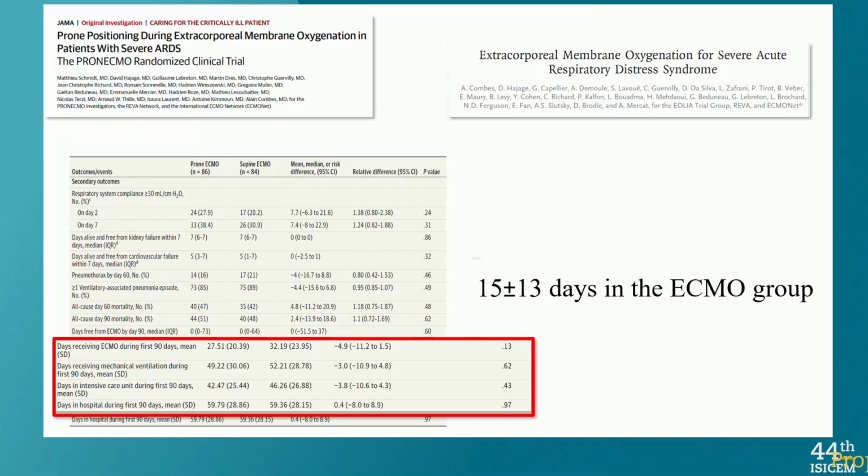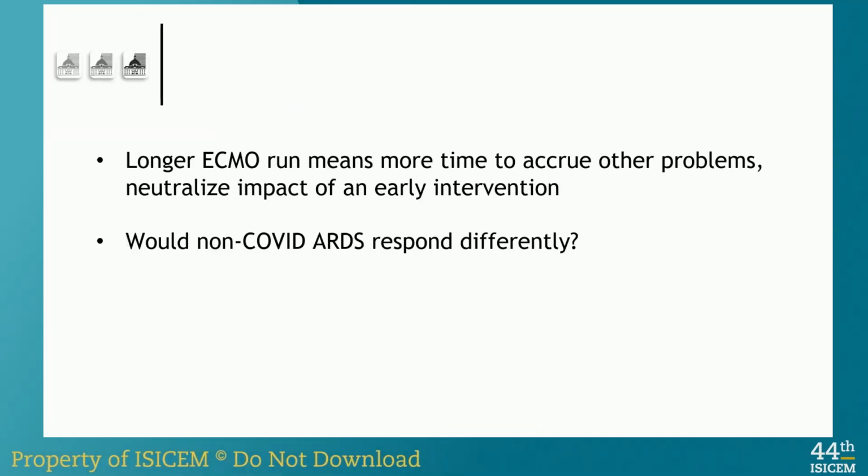For patients who have no COVID-19 related ARDS, usually the ECMO duration is shorter. For comparison, the median time on ECMO in the EOLIA trial was 15 days. So maybe we can guess that longer ECMO runs also mean more time to accrue other problems.